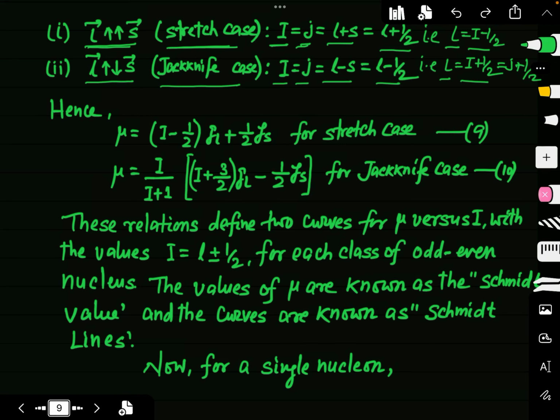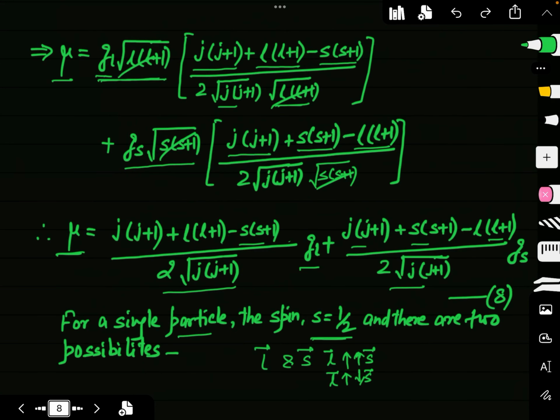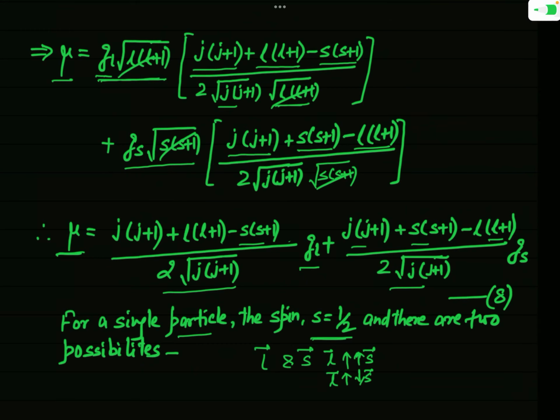So now you can see in this expression 8, if we want to find the expression for this mu in these two cases in terms of I or J, what we will do? Instead of S, everywhere we will write 1/2.